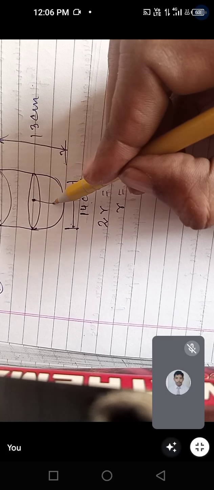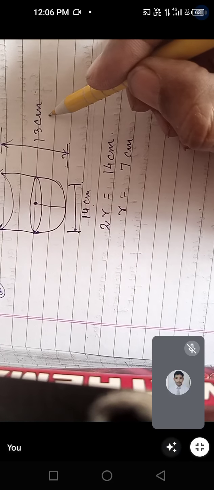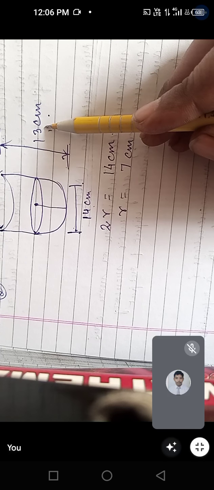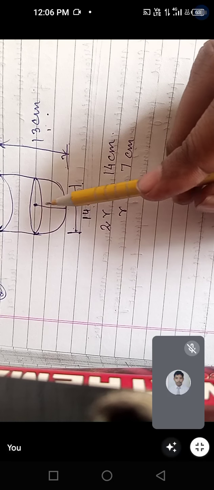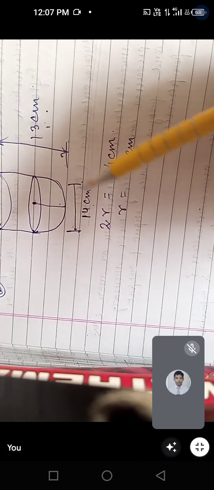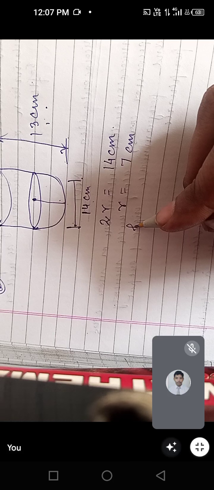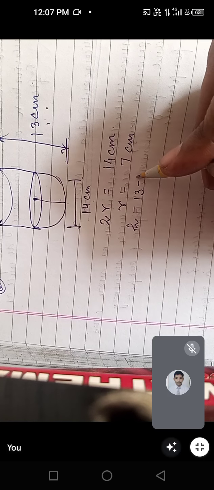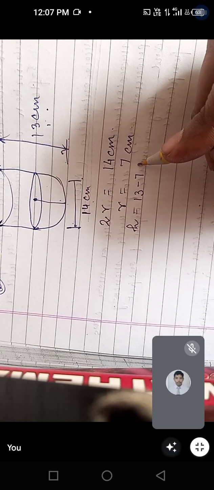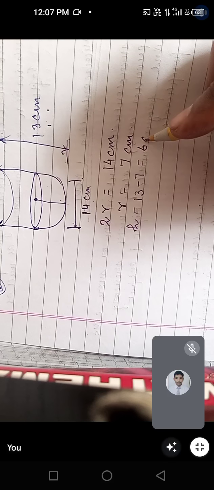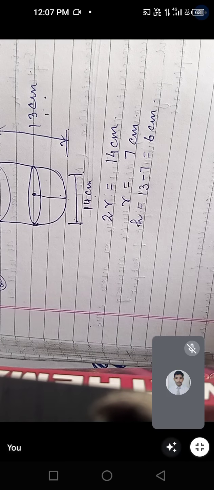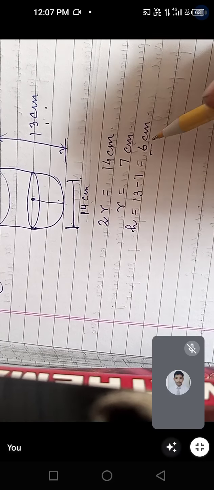From here to here, this is 7. Total height is 13. And from here to here, this is 7. So the height of the cylindrical part will be 13 minus 7, which is 6 centimeters. So the height comes to be 6 centimeters. The radius comes to be 7 centimeters.